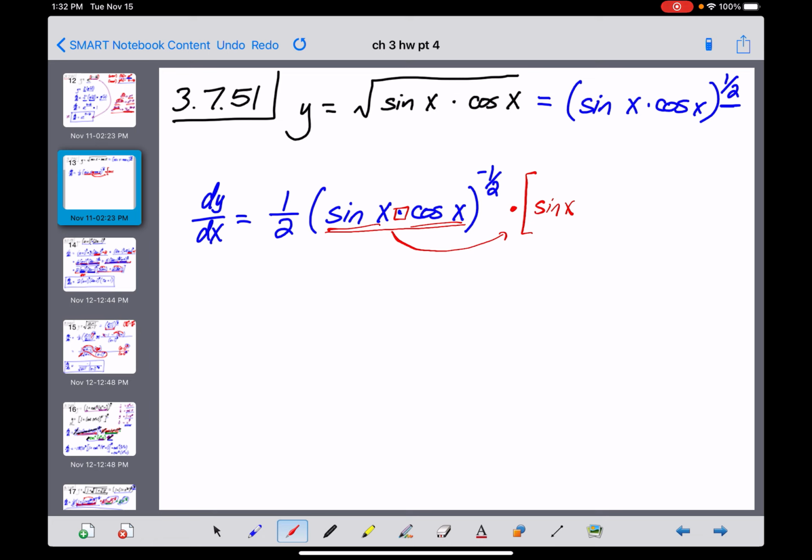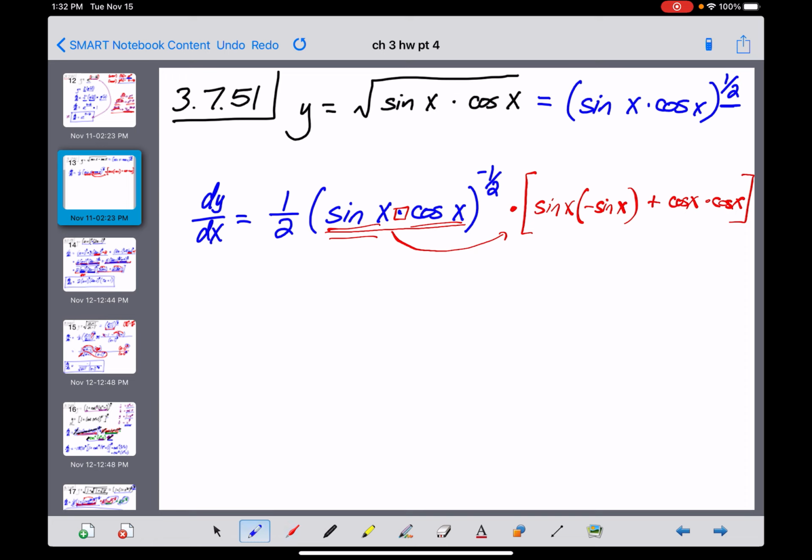And the derivative of cosine of x is negative sine of x, so I better put that in parentheses so it doesn't look like sine of x minus sine of x. That's first factor times derivative of the second, plus the second factor, which is cosine of x, times the derivative of the first, and the derivative of sine of x is cosine of x. And that takes care of the derivative within.